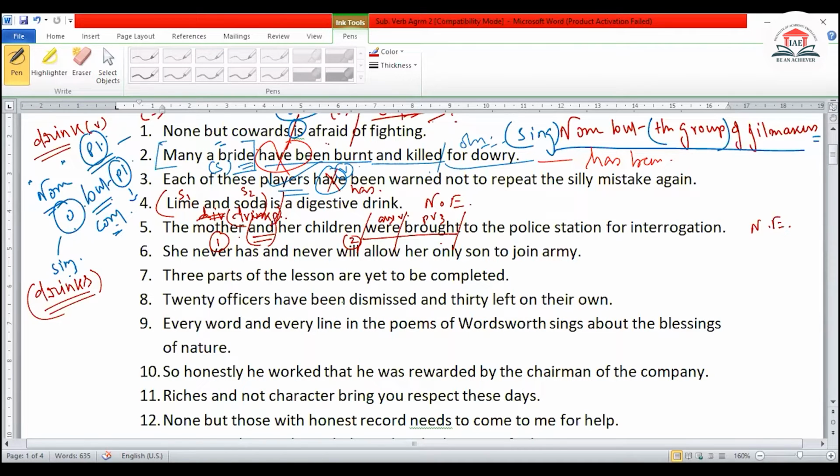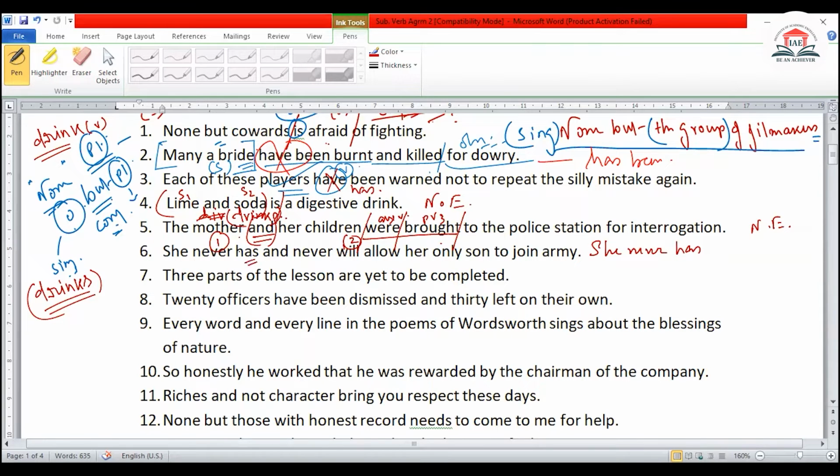Yes, and will never. She never has. That means has what? Has what? She never allowed. Has allowed. So we should not mention it here, right?